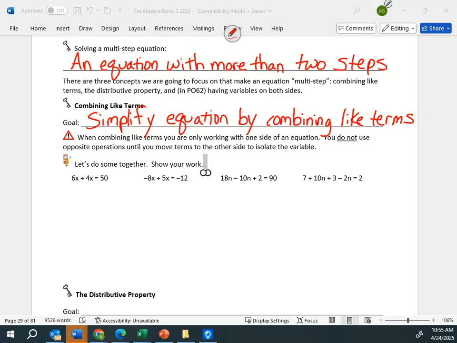Okay, so it's not opposite sides, it's the same side. You do not use opposite operations until you move the terms to the other side to isolate the variable that we're solving for. So combining same side, then we do opposite operations. So let's see what that means.